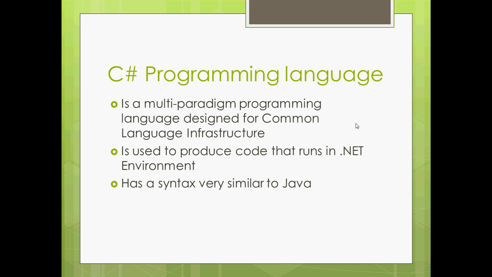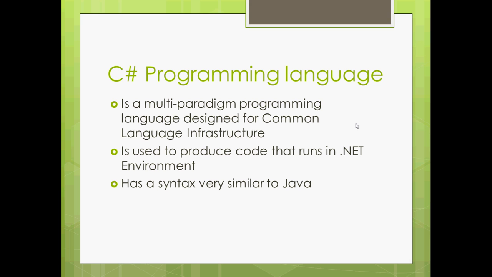First of all, the C# programming language is a multi-paradigm programming language, and by that I mean it encompasses different kinds of programming disciplines like object-oriented, component-oriented, declarative, generic and so on. An important thing to note here is that C# can be used only to produce applications that can execute within the .NET runtime.